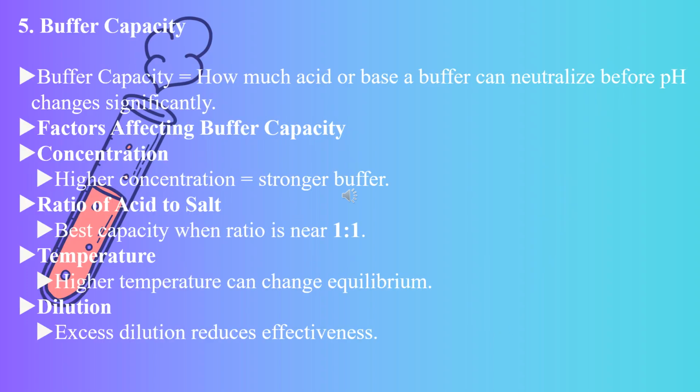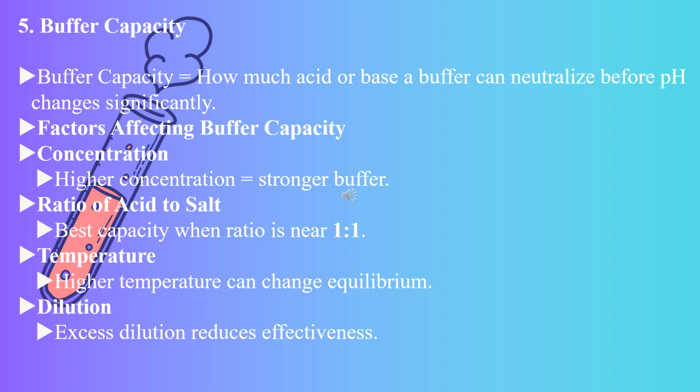The fifth point is buffer capacity. What is buffer capacity? It is how much acid or base a buffer can neutralize before pH changes significantly. So it all depends on different factors. Whenever a buffer is present in high concentration, then this will be a strong buffer. Second is the ratio of acid to salt.